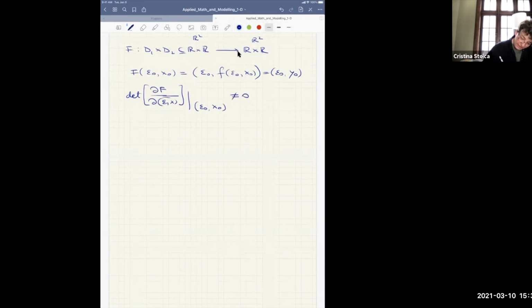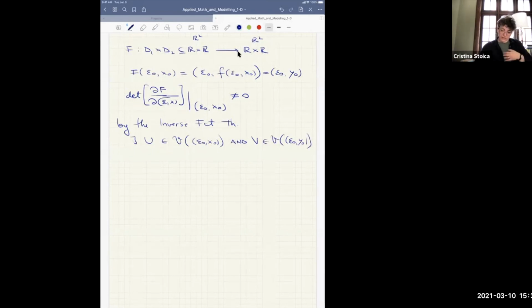Then by the inverse function theorem, there is a neighborhood U of (ε₀, x₀) on one side and V of (ε₀, y₀) on the other, and F⁻¹ defined on V comes back to U, of class C¹ on V.